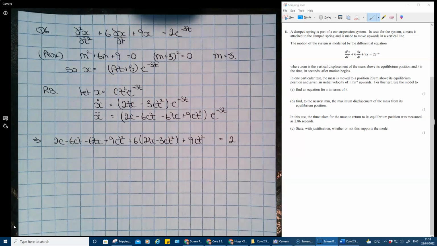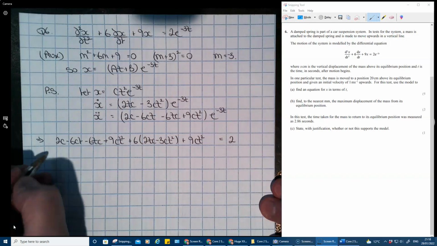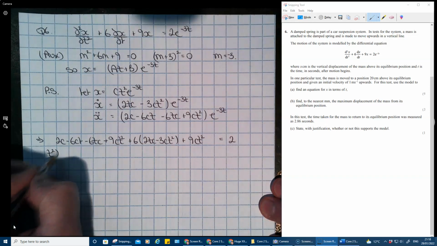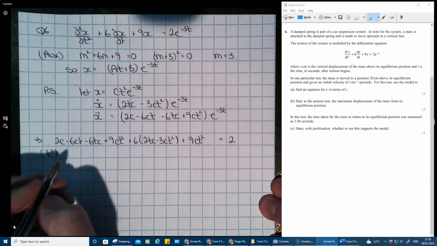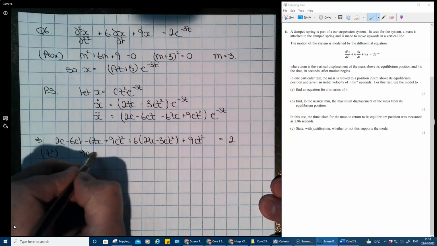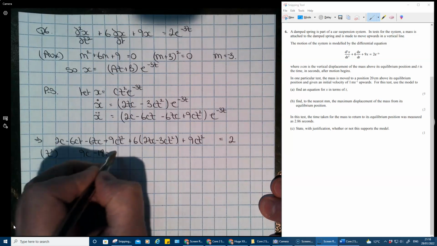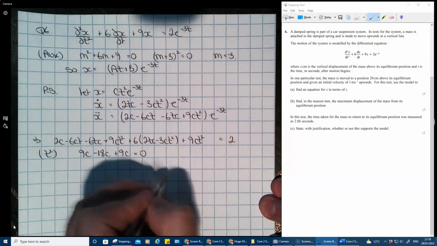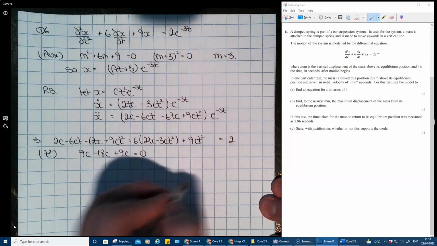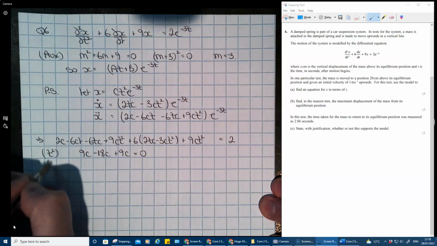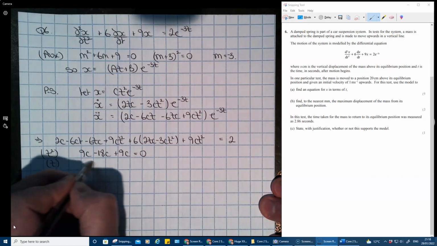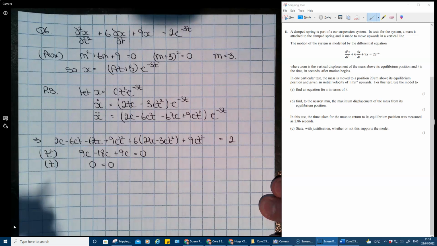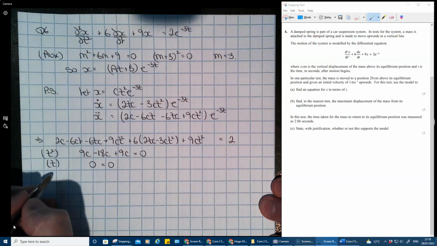Okay. Now if we compare terms, we compare the t squared term on both sides. We get 9c, take away 18c, plus 9c equals 0. Okay, that's fine. Doesn't help us at all, but okay. Compare the t terms. We get 0 equals 0. Again, not a great deal of use.